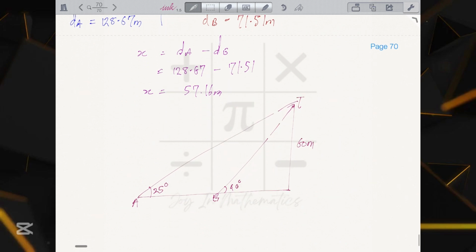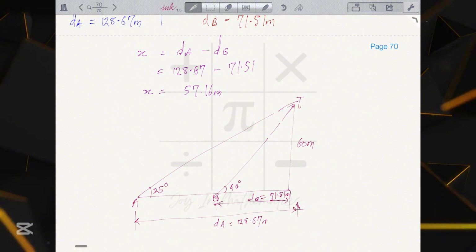The distance between boat A and the base of the lighthouse is DA, and the distance between boat B and the base of the lighthouse is DB. DA, as we evaluated, was 128.67 meters and DB was 71.51 meters.